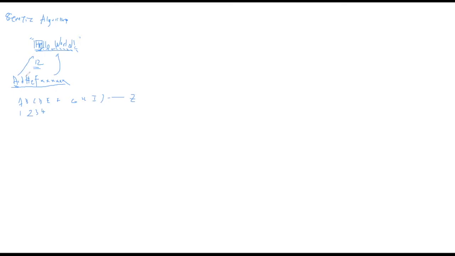Then you add all 12 together, and you get a sense of how close the thing is, because when it's exactly the same, it will be 0. So you want to be as close to 0 as possible.